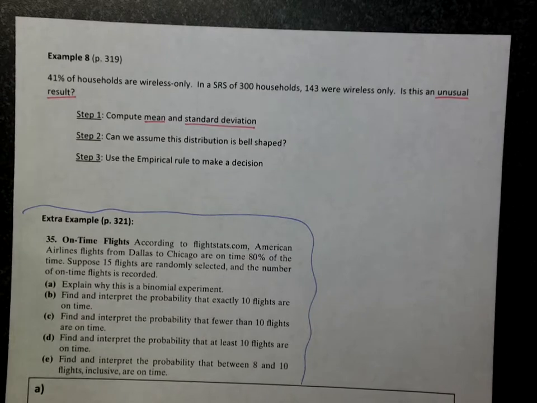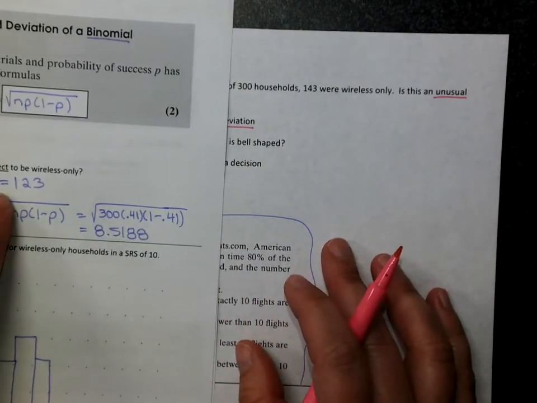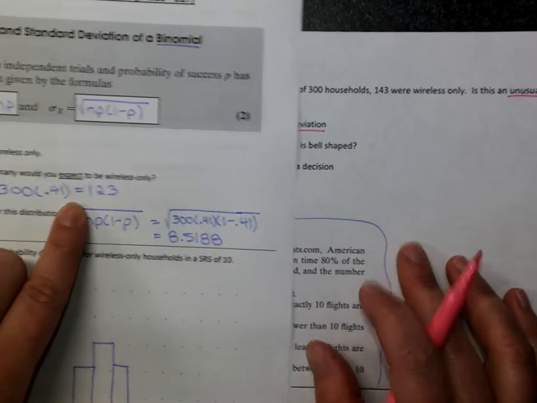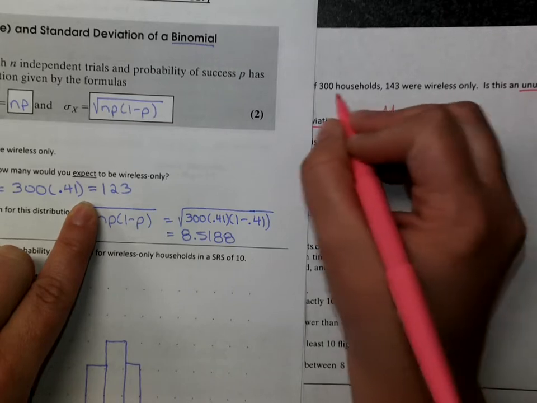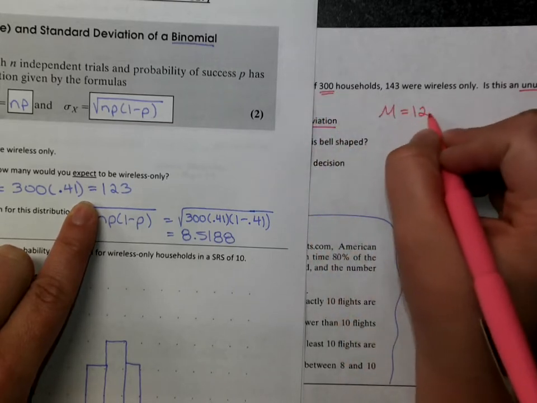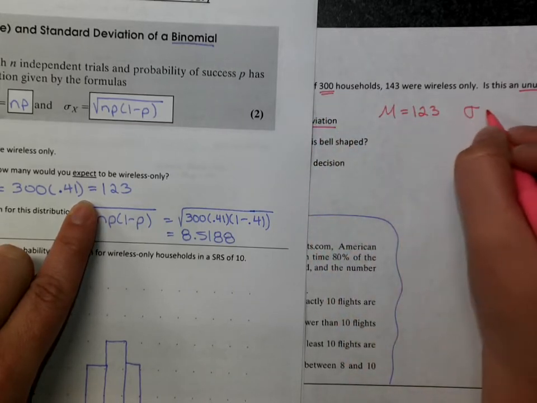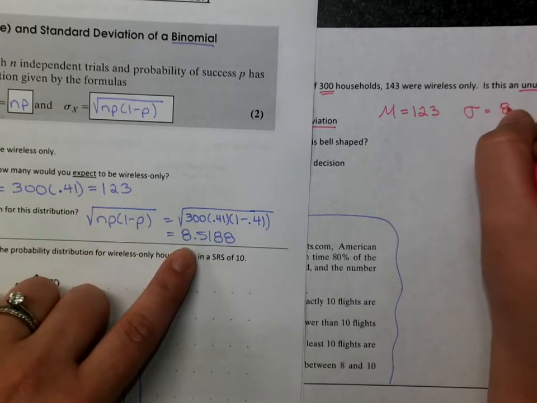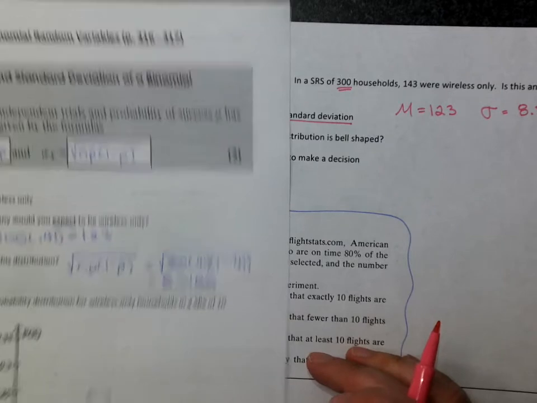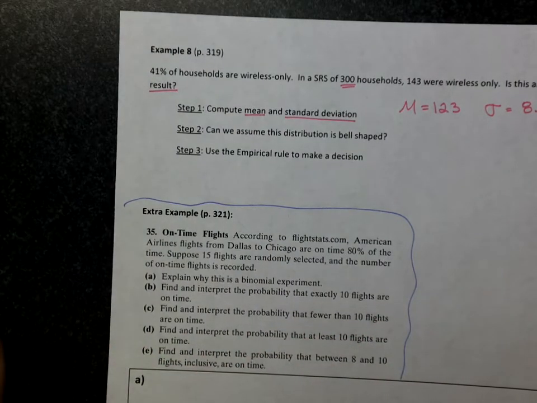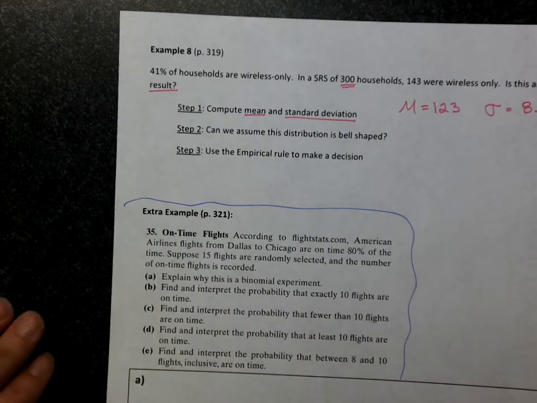For this example, we've already done that, so we can use our previous results. Normally, you would have to calculate that again. The mean for a sample of 300 is 123, and the standard deviation is 8.52. Normally you crunch those numbers, but we've already done that.